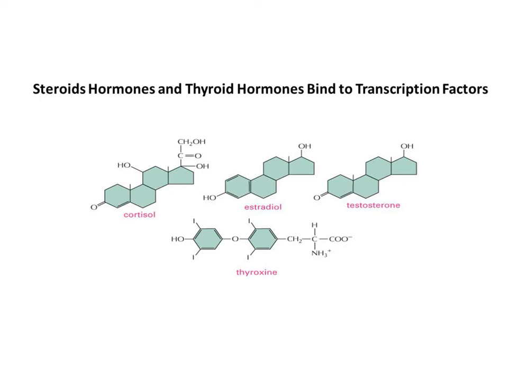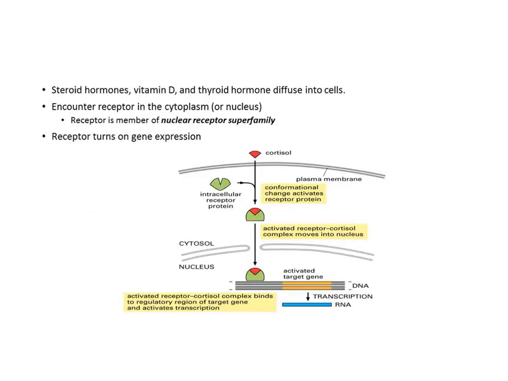Here are some different examples of steroid and thyroid hormones. Remember, in this particular structure they are relatively hydrophobic, so they'll readily diffuse into cells. One of their biggest targets is that they'll bind to intracellular receptors that actually are transcription factors.